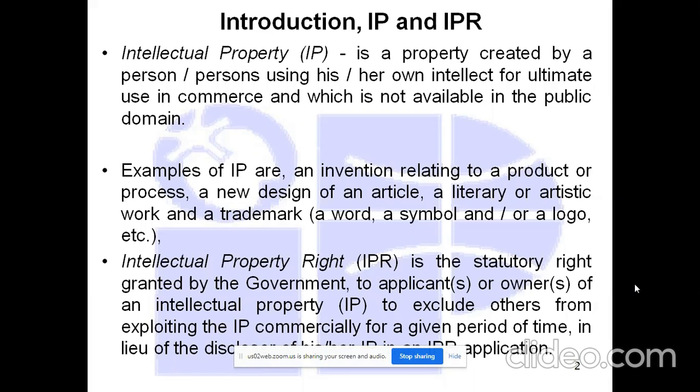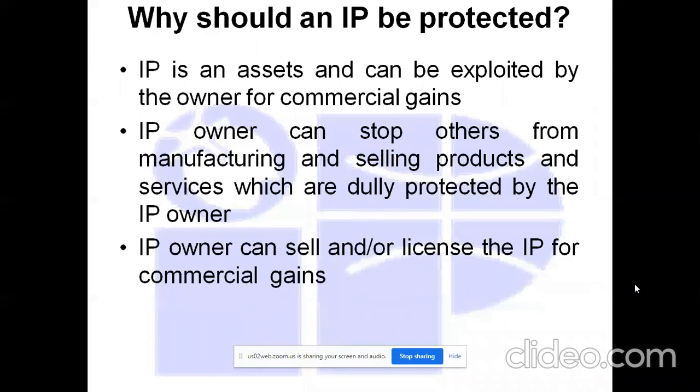In intellectual property, we can define our right, which is given by a nation, through its representative, the government, to the applicant. It is an asset that can be exploited by the owner for commercial gains. Why should an IP be protected?